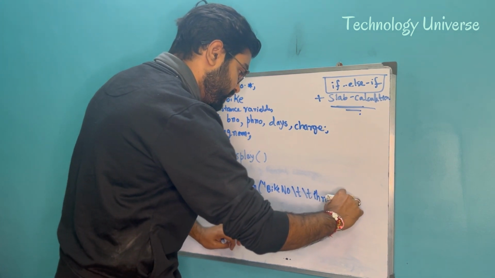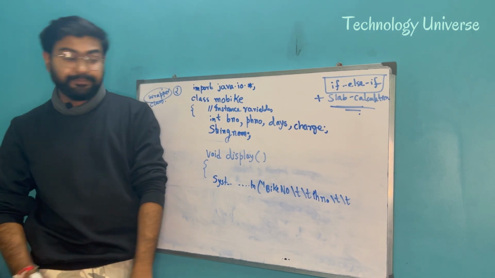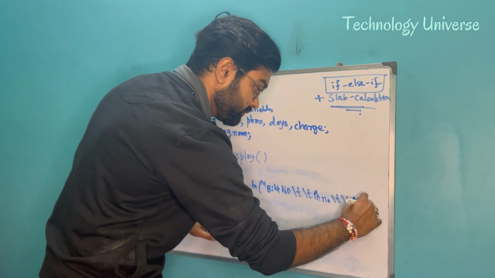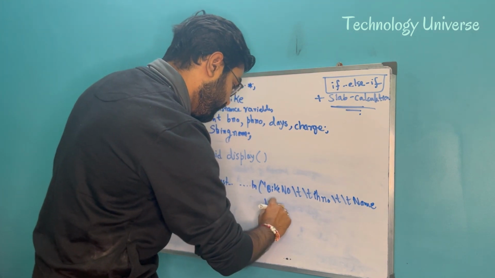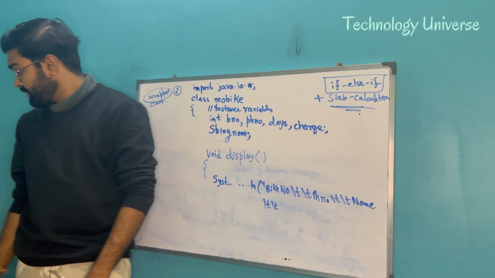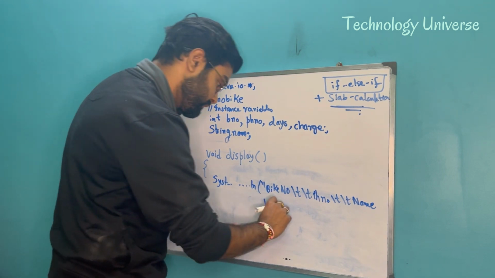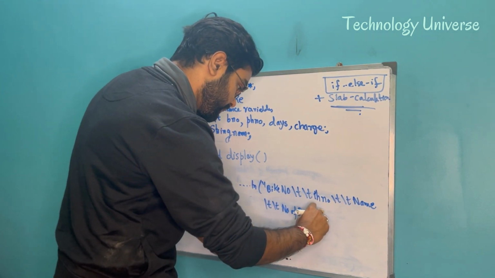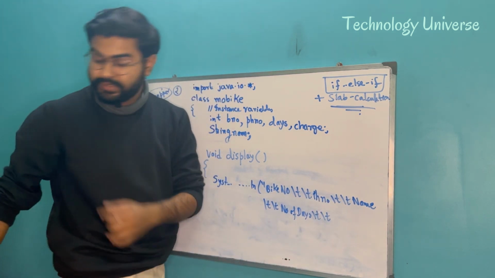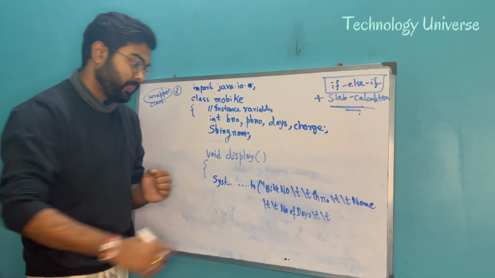Then after phone number we have the name. Then after name, what we have? We have the number of days. Then after the number of days, we have the charge.